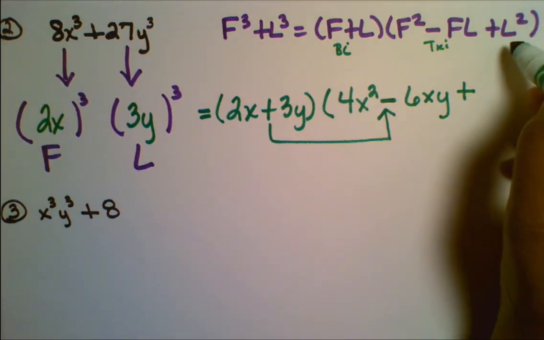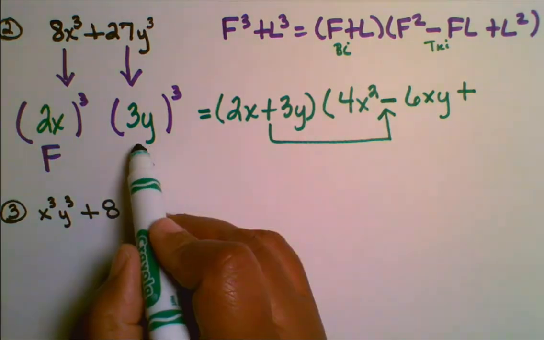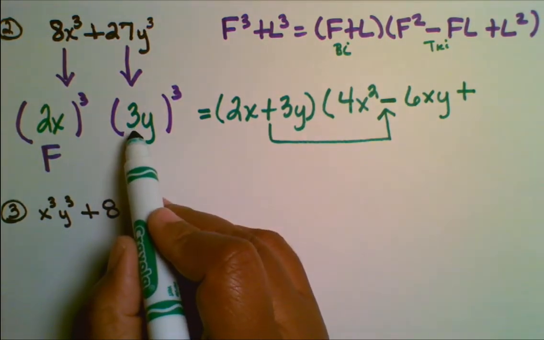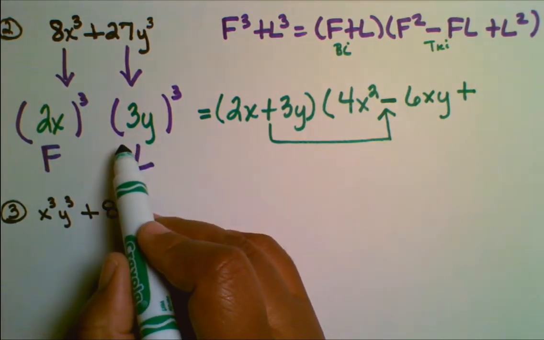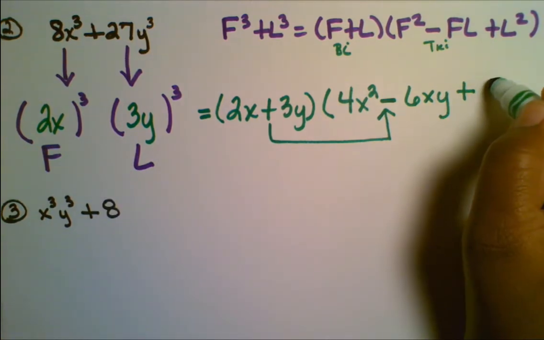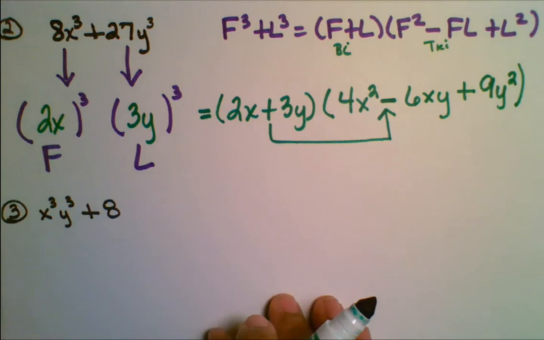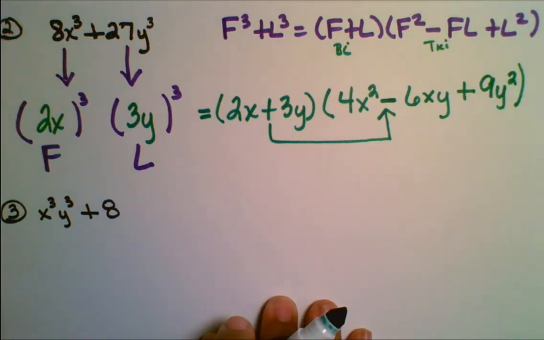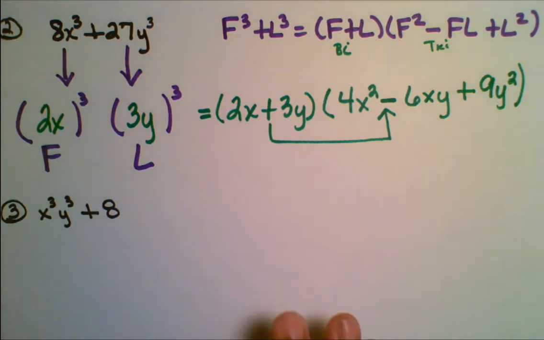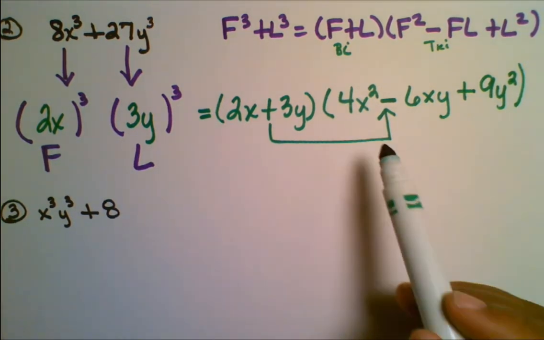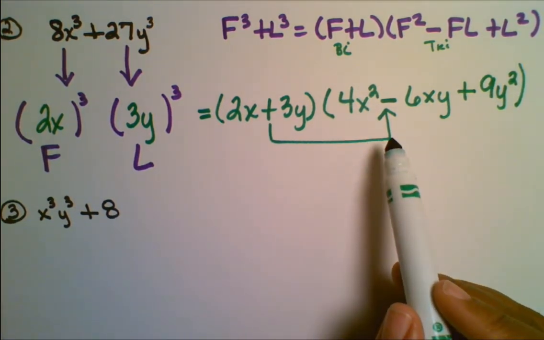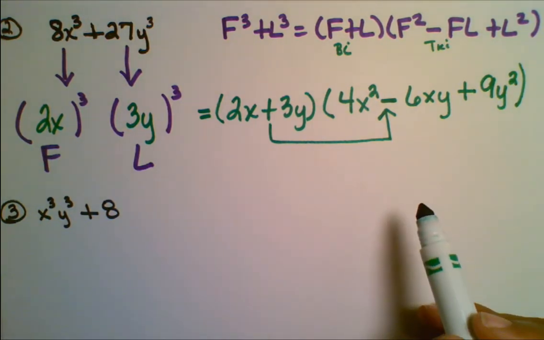And then let's look at the last term, which it says L squared. We're going to square L, multiply 3y twice, 3y times 3y, we have 9y squared. And there we go. We have our answer: 2x plus 3y times 4x squared minus 6xy plus 9y squared.